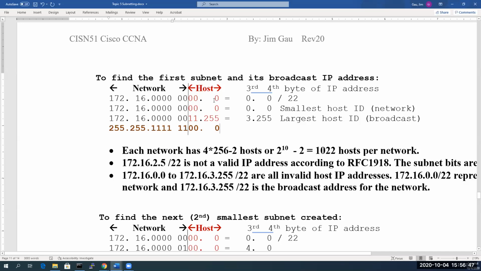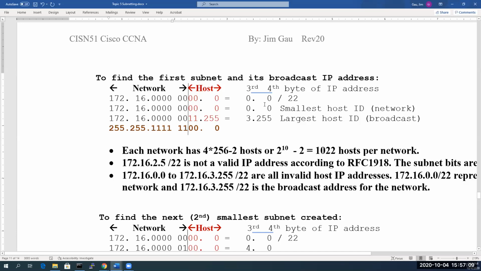The smallest network number to represent this network, of course, is 0 all the way, so 0, 0. Good. Now the largest host is 1, 1, and then 255. That means 8 of the ones. In decimal, it is 3.255.